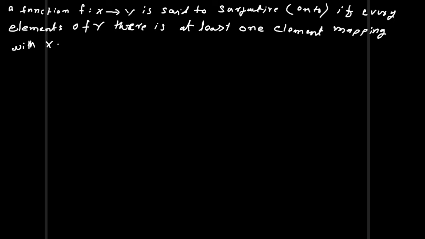What? A function f from X to Y is said to be surjective or onto if for every element of Y there is at least one element mapping with X.